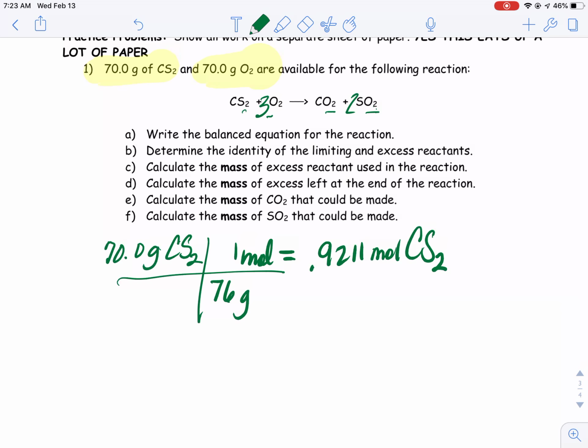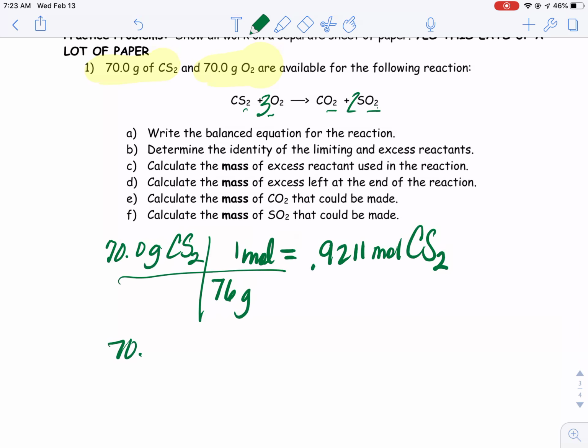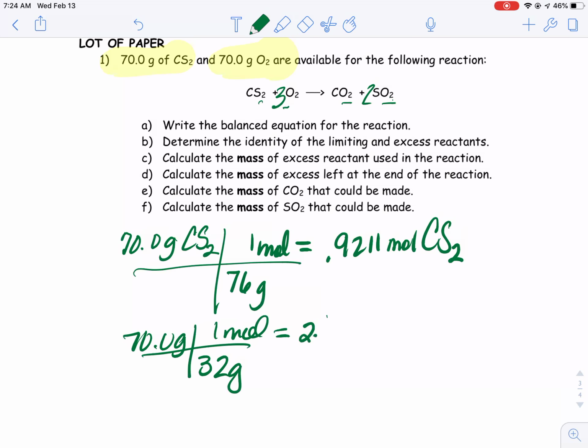Now we do the moles of oxygen. We have 70 grams of oxygen. We have 32 grams in 1 mole. That gives 2.1875 moles of oxygen. Next step, remember, is divide by the coefficient. The coefficient in front of CS2 is 1.